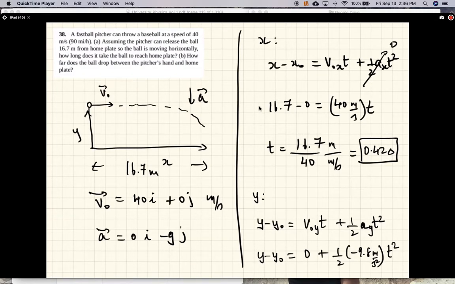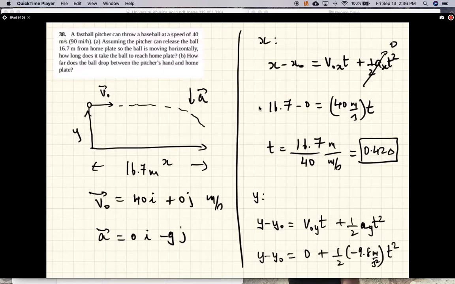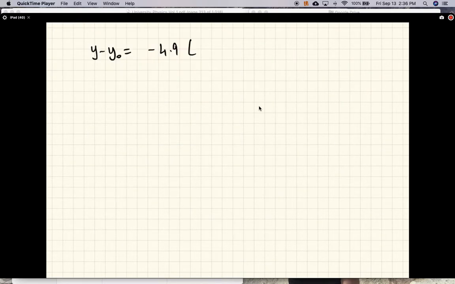So let's add a page below. And y minus y naught is minus 4.9 times t squared, and the pitch took 0.42 seconds to reach there.